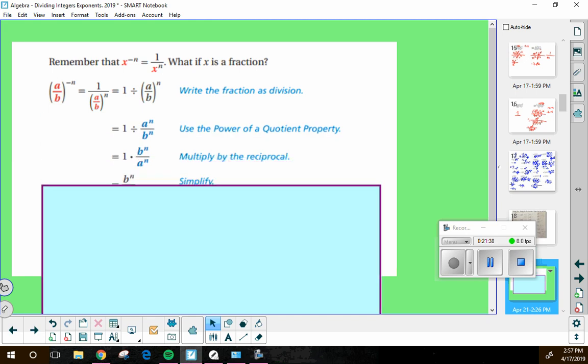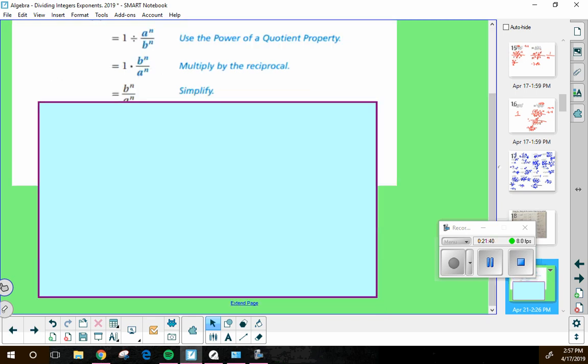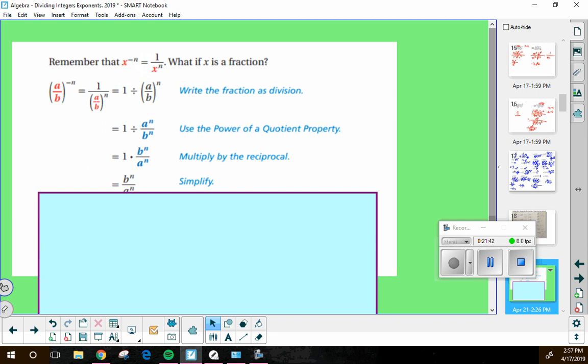As we do that, this becomes, first I'm going to distribute that, 1 divided by a to the nth over b to the nth. But then that really just means we flip and then multiply.